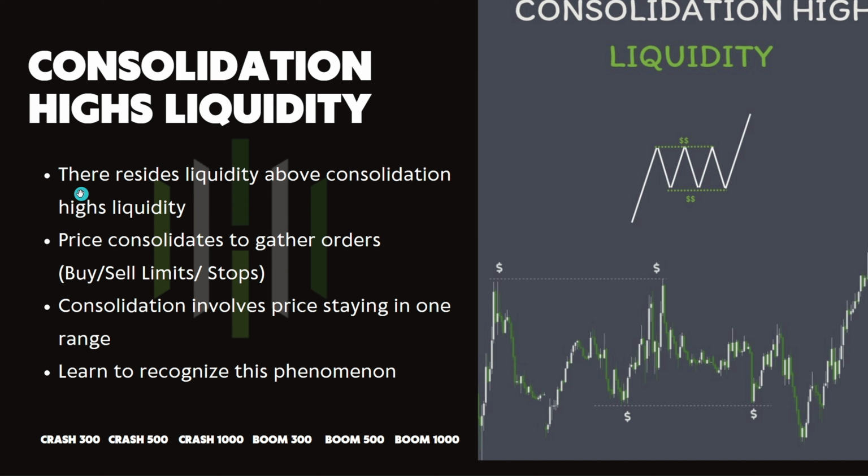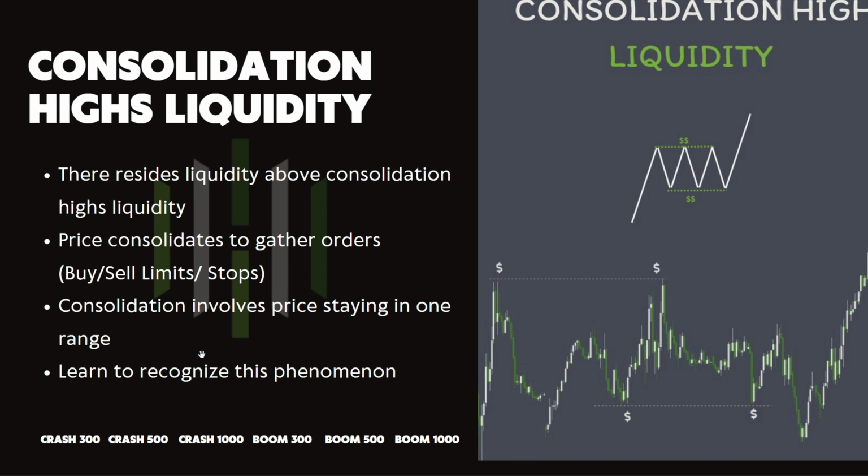So there resides liquidity above consolidation highs, right? And price consolidates to gather orders, and these orders can be buy or sell limits or buy or sell stops, right? And as a trader, you need to learn to identify or recognize this phenomenon.